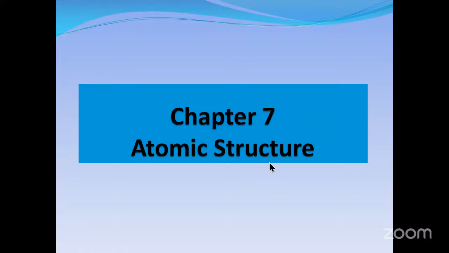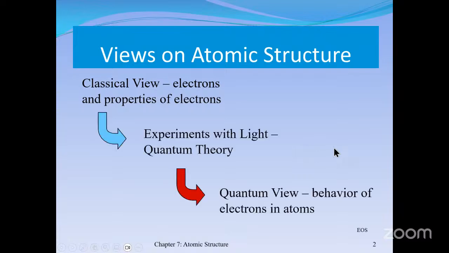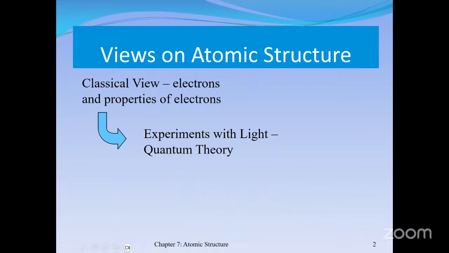So let's start off with basically an overview of how we arrive at our current understanding of the structure of the atom. Basically, way back when, and I don't know what years or centuries we're referring to here, but back in the day, people used to think that small particles like atoms, electrons, and so on, they behave like regular sized particles, right? So therefore, their behavior will be governed by the laws put forward by Newton.